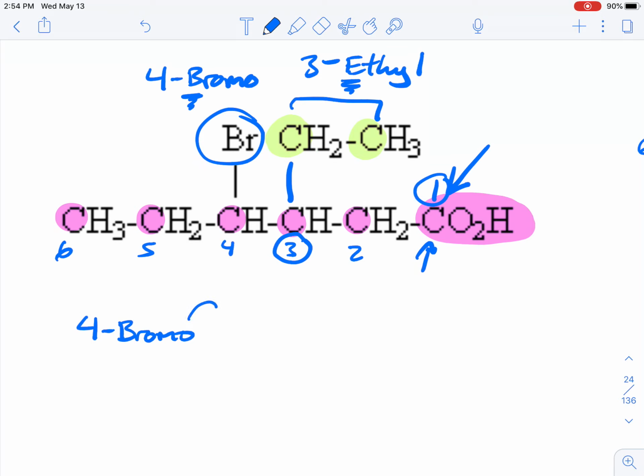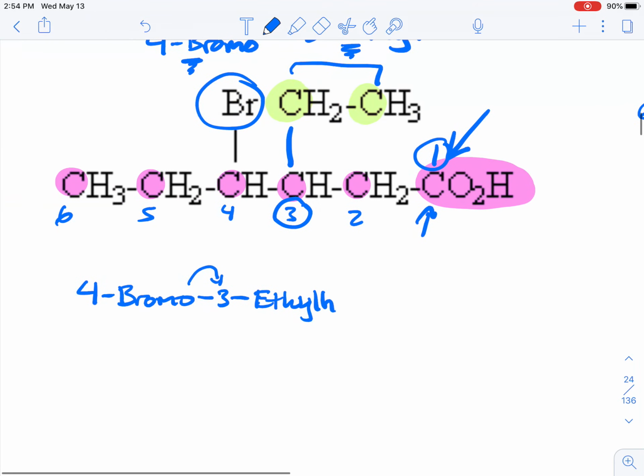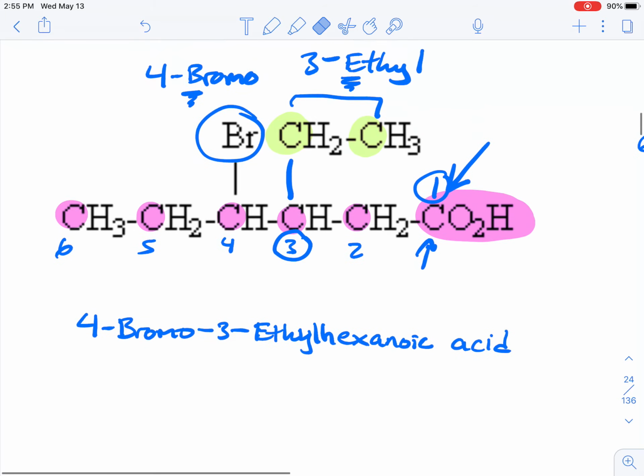Since we're going from a letter to another number, I need another dash. And then this is going to be ethyl. And then after that, I'm going to put in hexanoic acid. Okay. And so this is going to be my final answer for naming this specific organic compound.